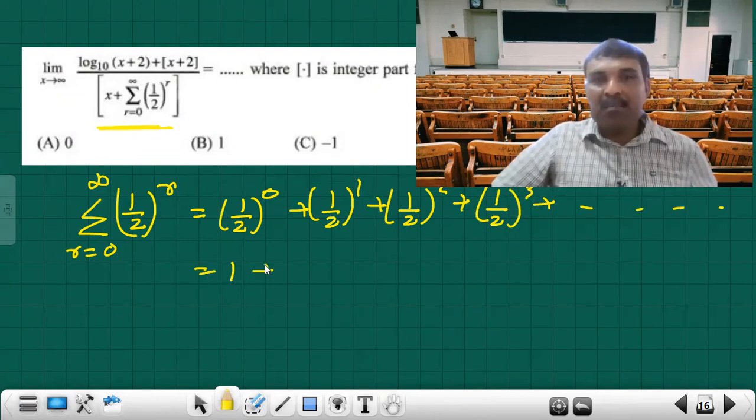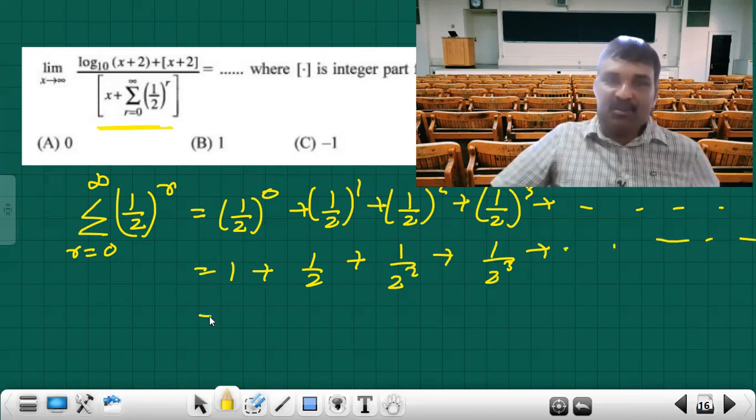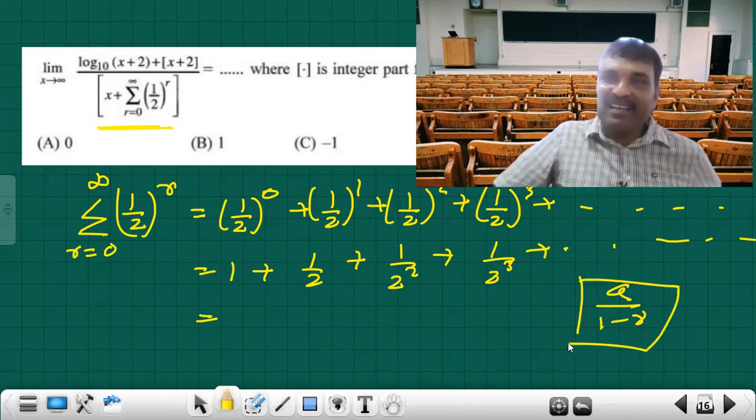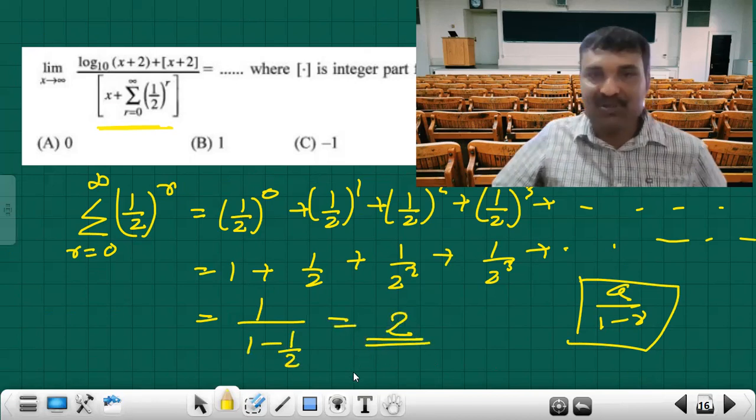That is equal to 1 plus 1 by 2 plus 1 by 2 square plus 1 by 2 cube. This is an infinite GP, so the sum to infinite terms is a by 1 minus r. So we can write 1 divided by 1 minus 1 by 2. The value is 2.